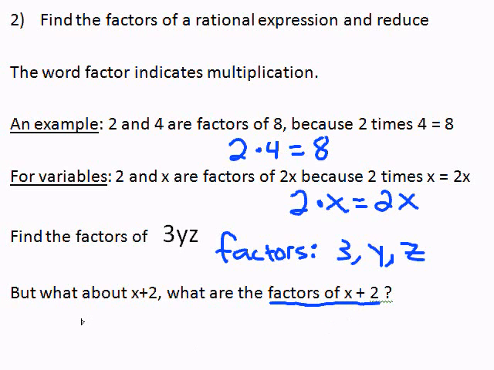So the only factors of x plus 2 are x plus 2 and 1, because 1 times x plus 2 is x plus 2. This is going to be important later on. We're going to take this idea and identify what common factors are here in a second, and then we'll be able to fully factor rational expressions and reduce.